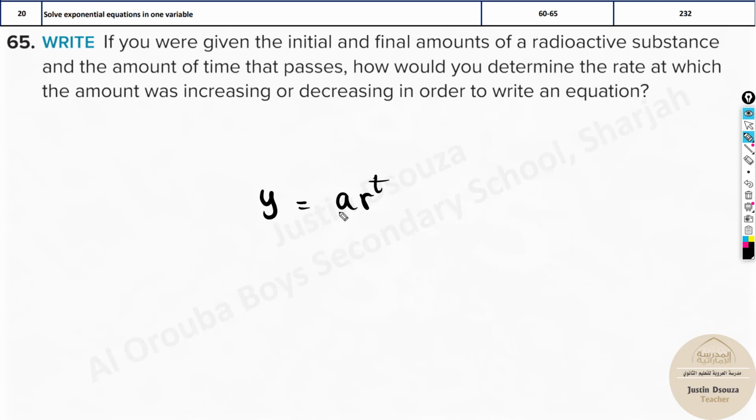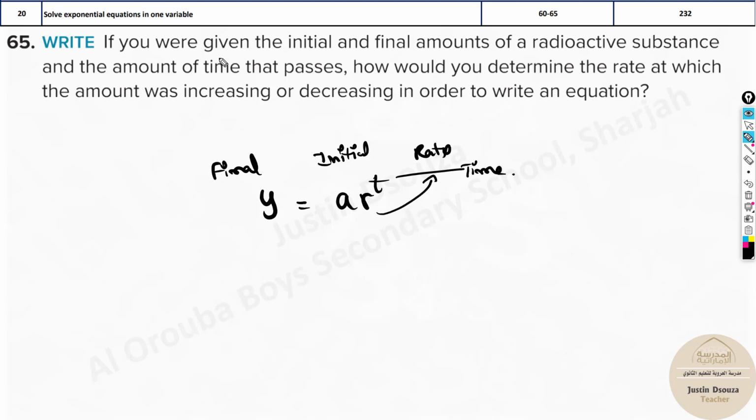So this is the equation, where y is the final amount, a is always the initial, r is the rate, and t is the time interval.